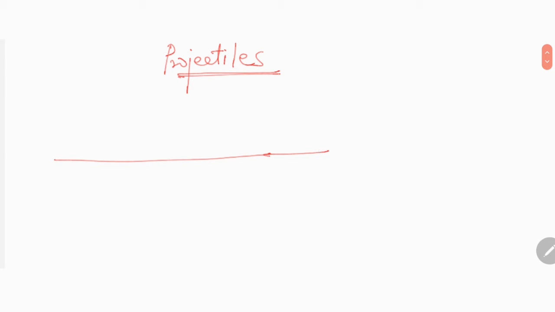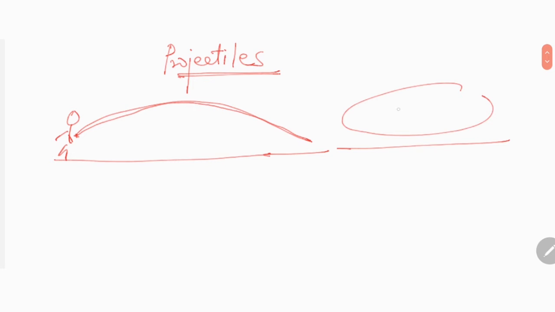So projectile is possibly one of the most common things that you will experience in your day-to-day life. It's a very simple concept. If you are playing cricket, if you throw the ball, it is a projectile. If a batsman hits the ball out of the ground, if this is the stadium, he hits the ball out, that's a projectile.